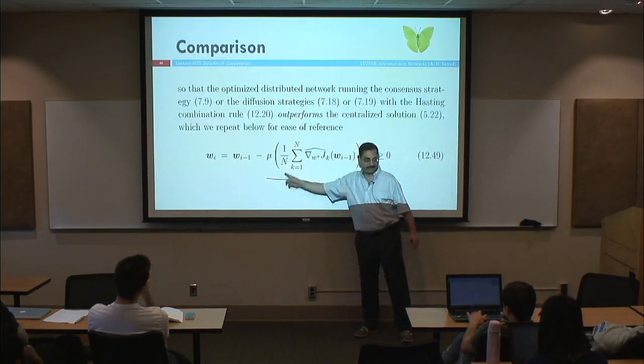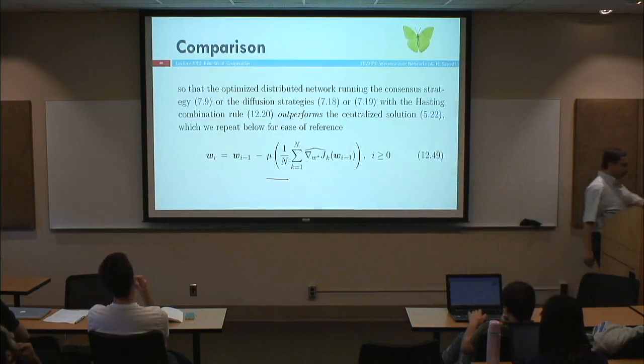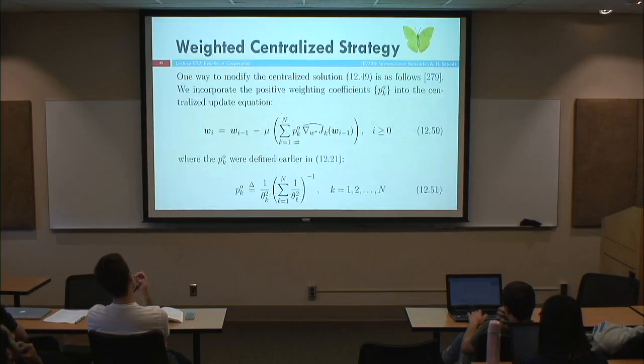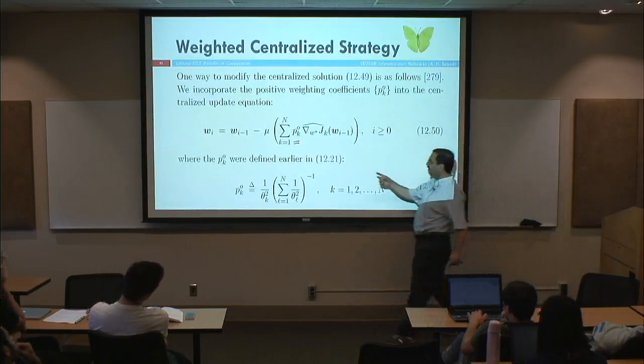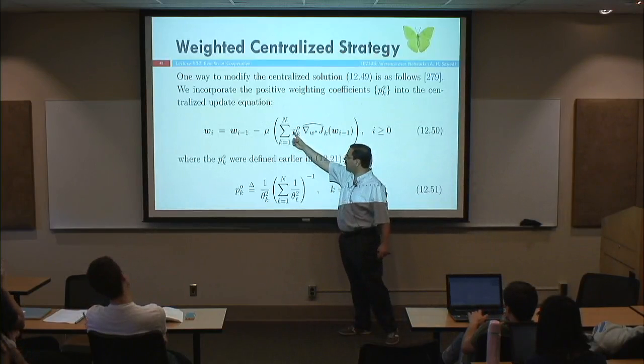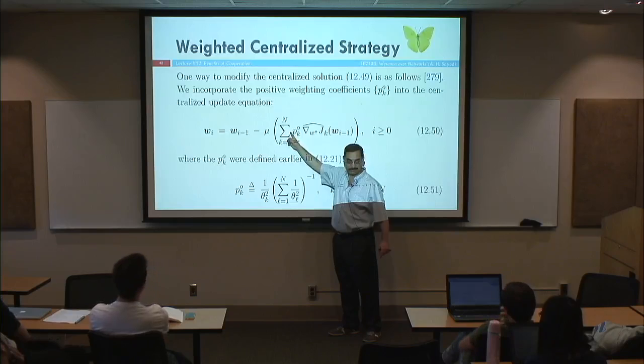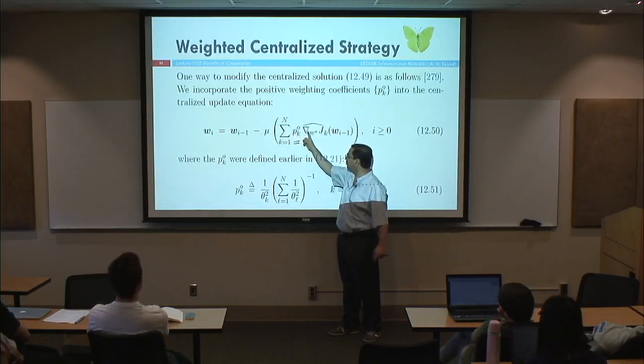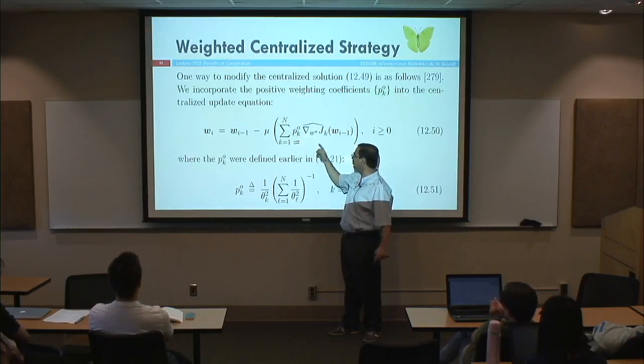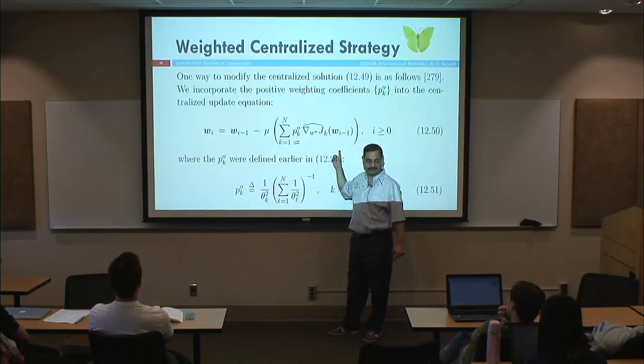There is 1 over n here. I can define it as the difference between, you see, put 1 over n times n here, np times the hat gradient minus np times the true gradient, right?